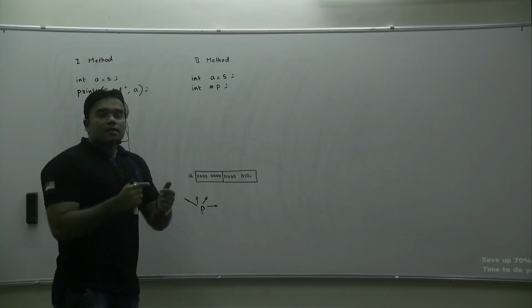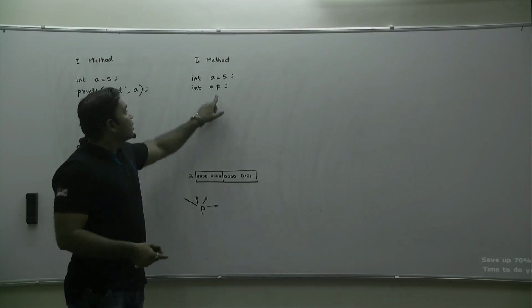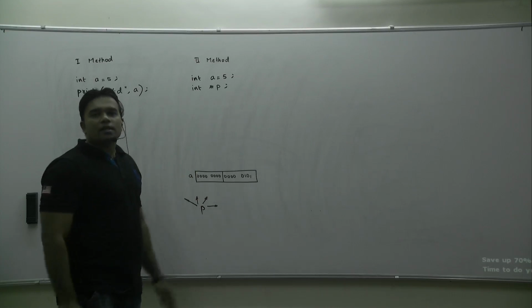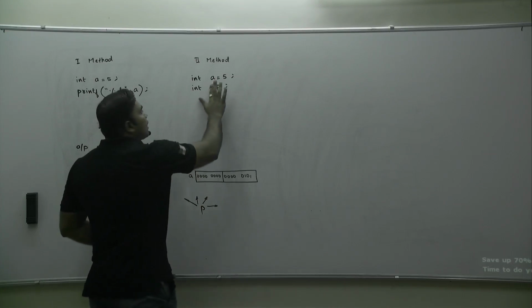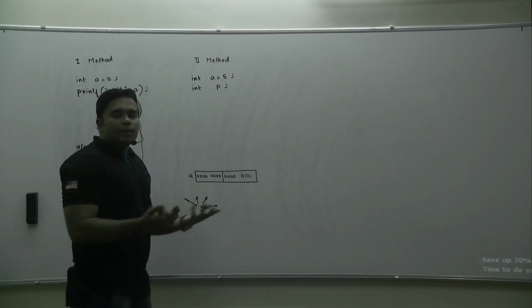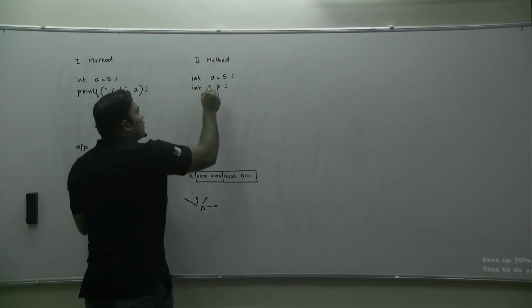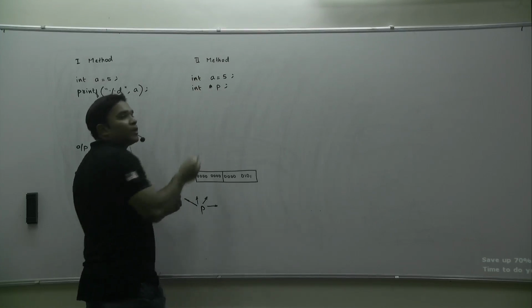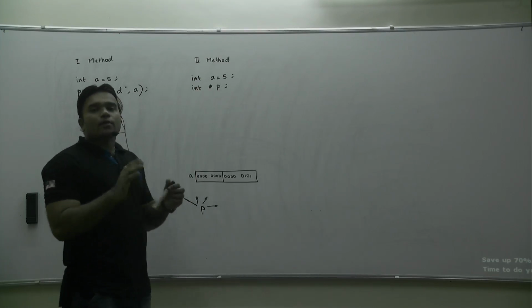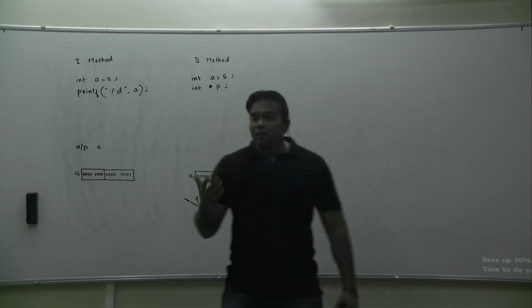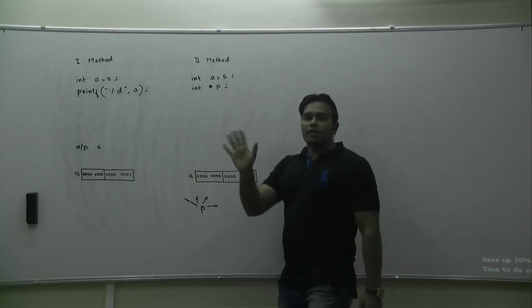Star is telling that P is not an ordinary variable, rather P is a pointer. If I take out this star, then P becomes an ordinary integer variable. If I put this star, then it tells that P is a pointer. First mistake which the student makes: he feels star P is the pointer. Star P is not the pointer.